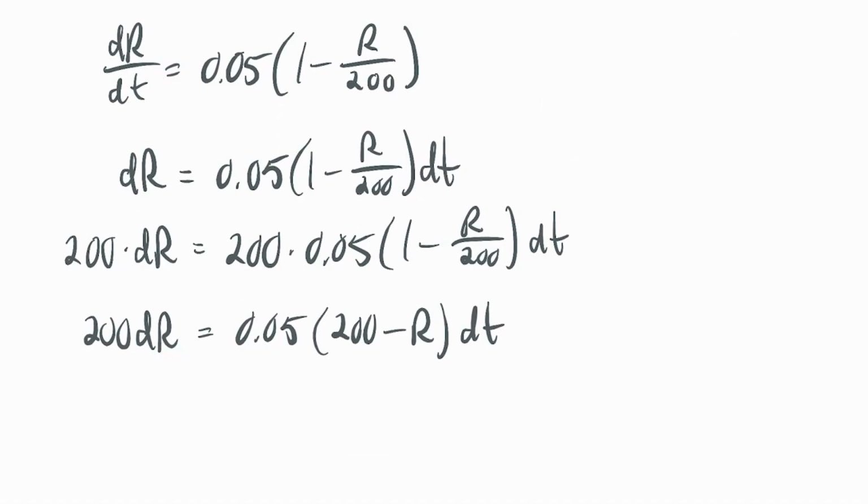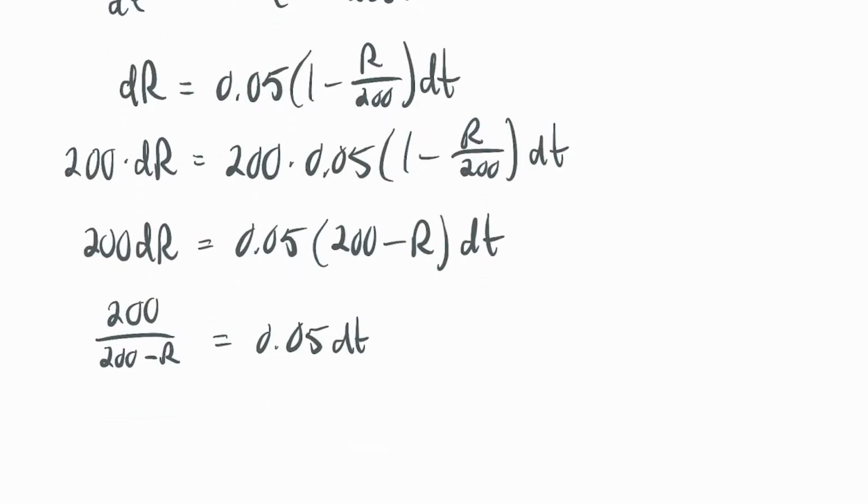So I'm going to have 200 over 200 minus r equals 0.05 dt. Okay. Let's center this a little bit better. Okay. So I do get, oh, I forgot something.